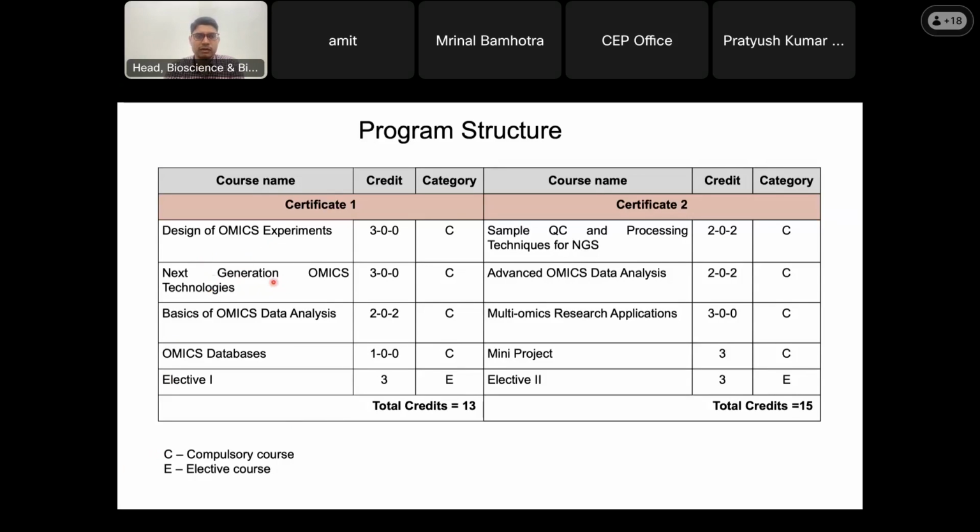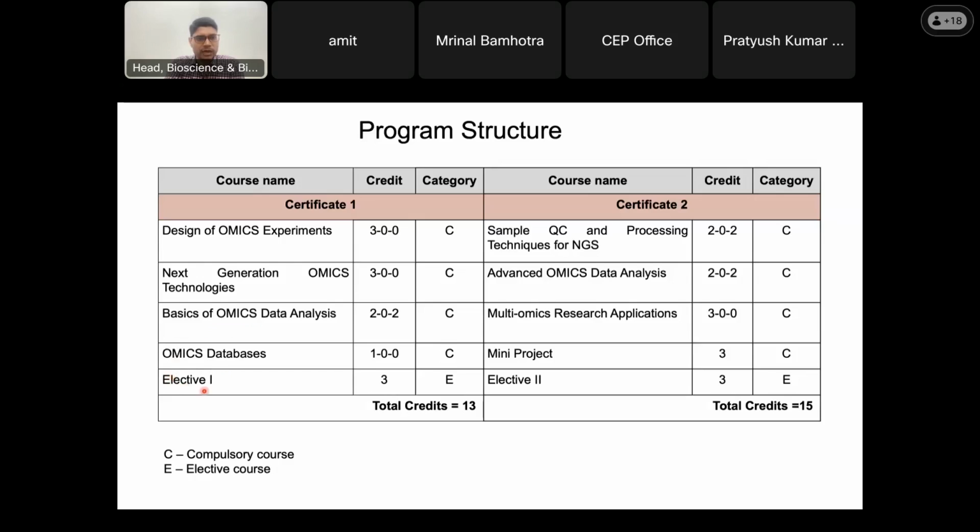Then we have a basic course on next generation omics technology, introducing the state-of-the-art technologies, and basics of data analytics methods, including the state-of-the-art omics databases which are available in the public domain.